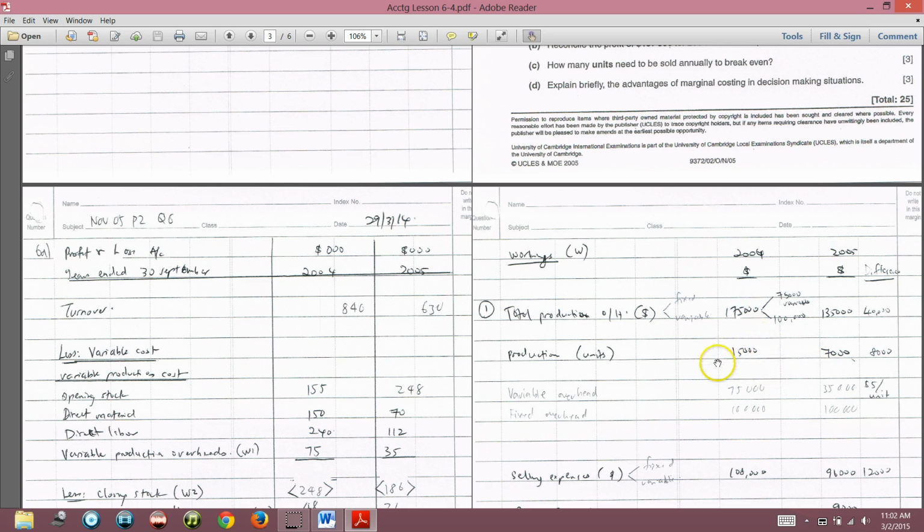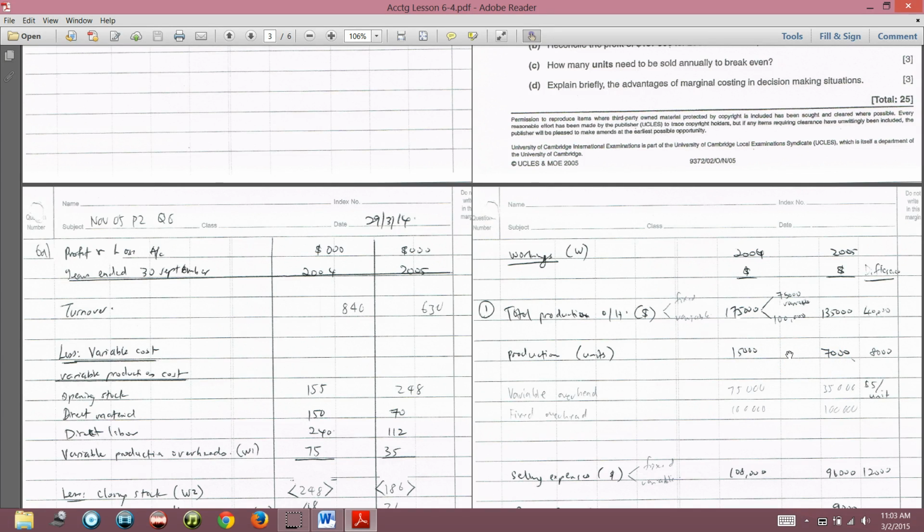It is 15,000 for 2004, and 7,000 for 2005. And the fixed element stays fixed. So the production overhead has a fixed element and a variable element. The variable element varies directly with the production unit.